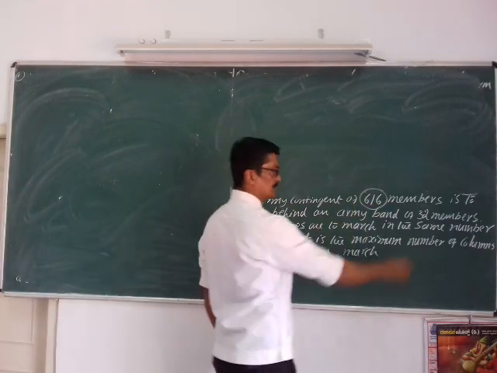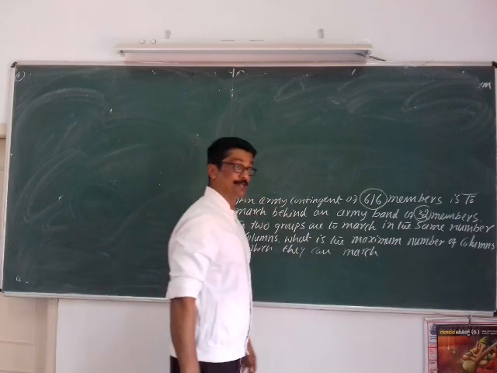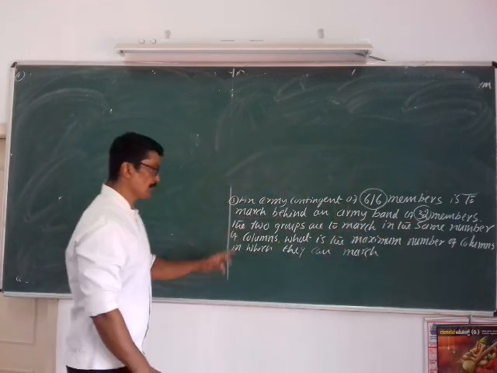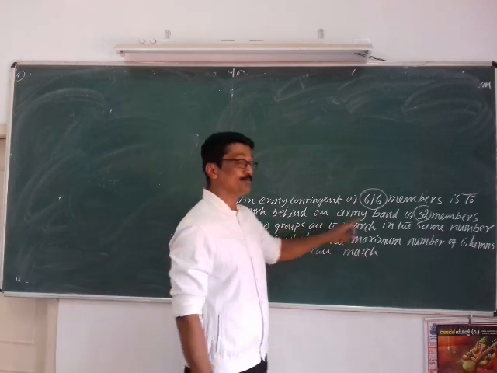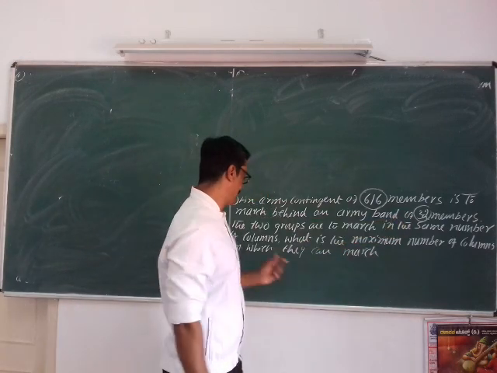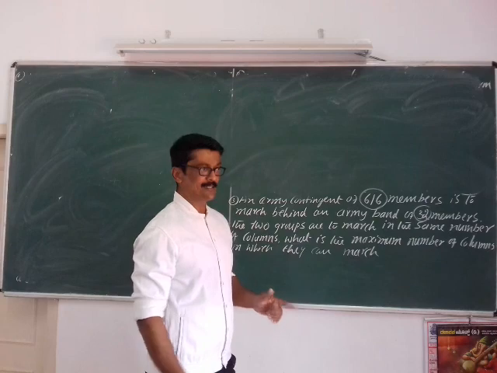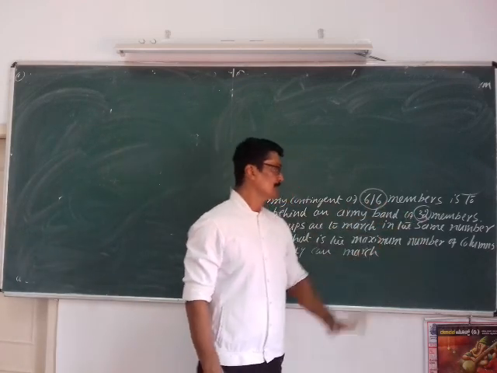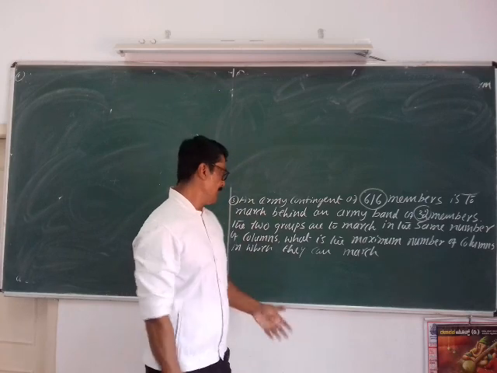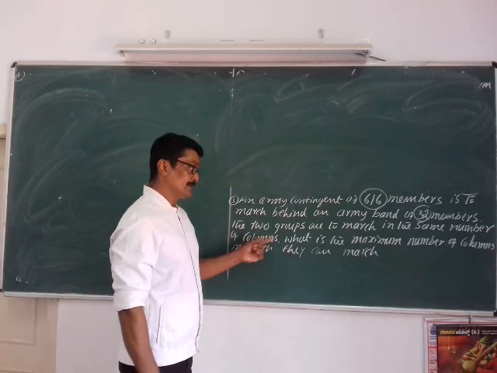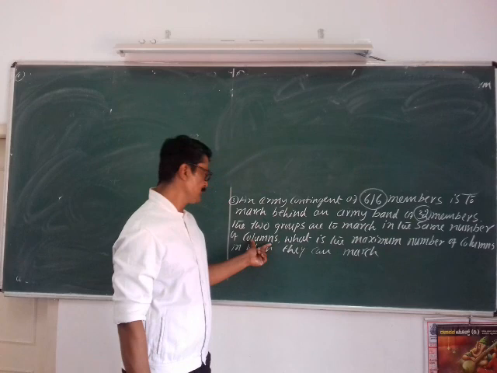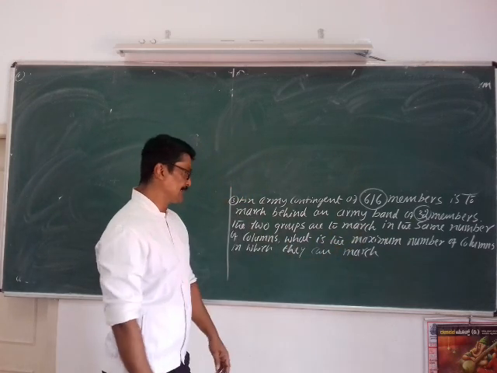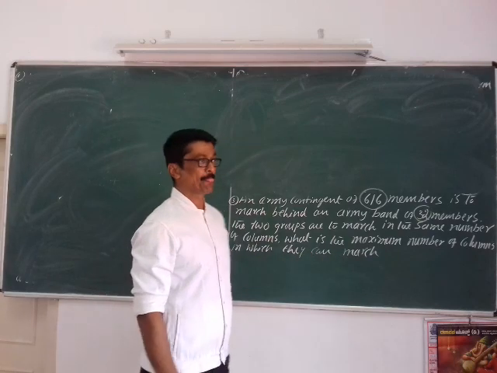The two groups are to march in the same number of columns. One condition is there, that both the soldiers as well as the band group should march in the same number of columns. What is the maximum number of columns in which they can march?